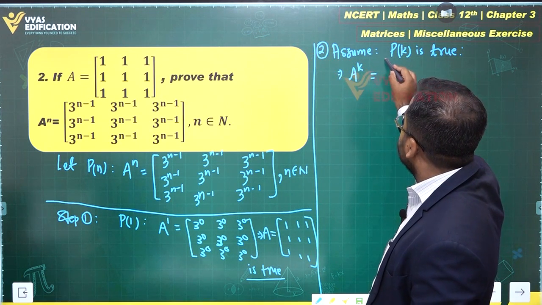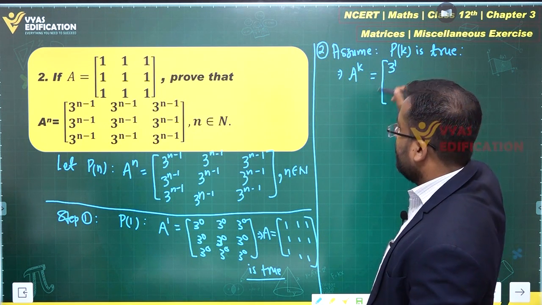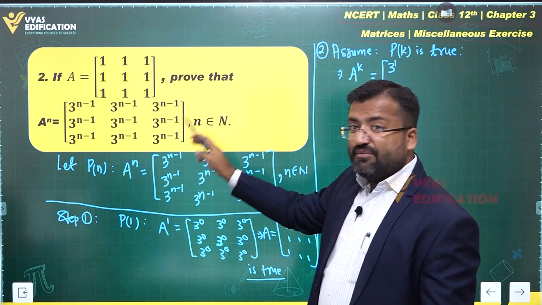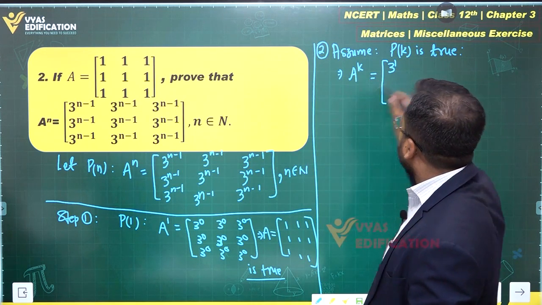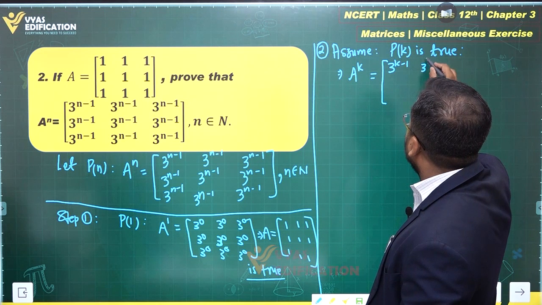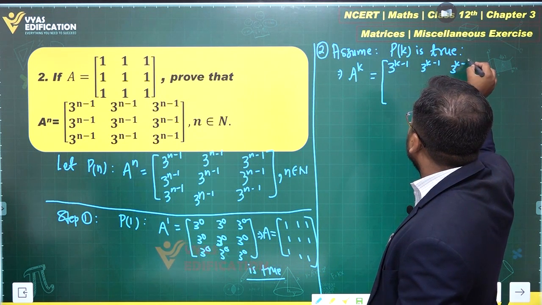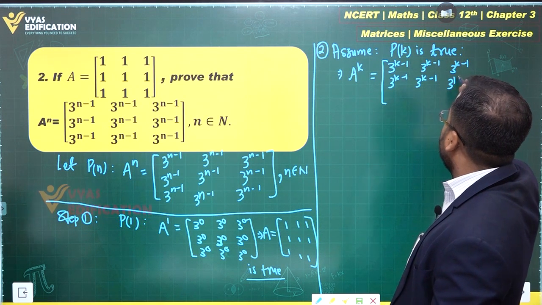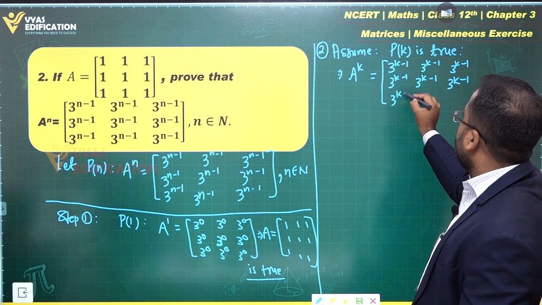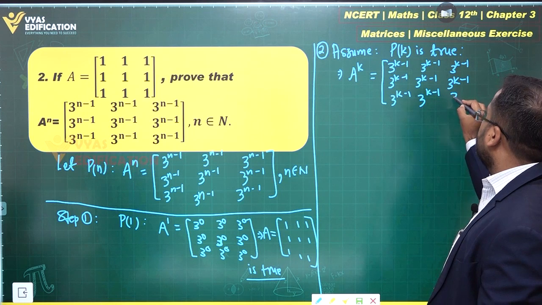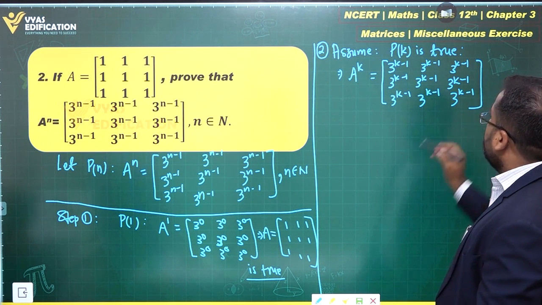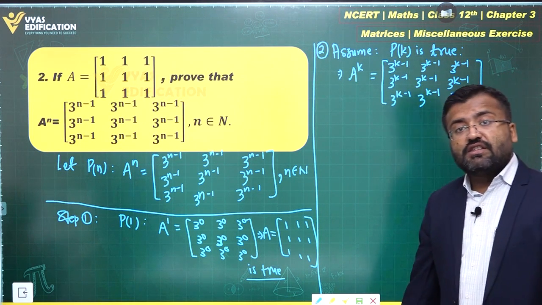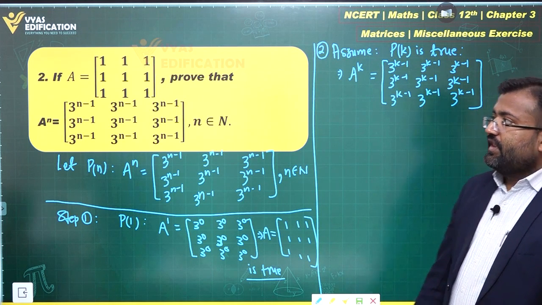So A power k is equal to the matrix with every entry 3 power k minus 1. That's all that we have, right? This A power k is equal to this.